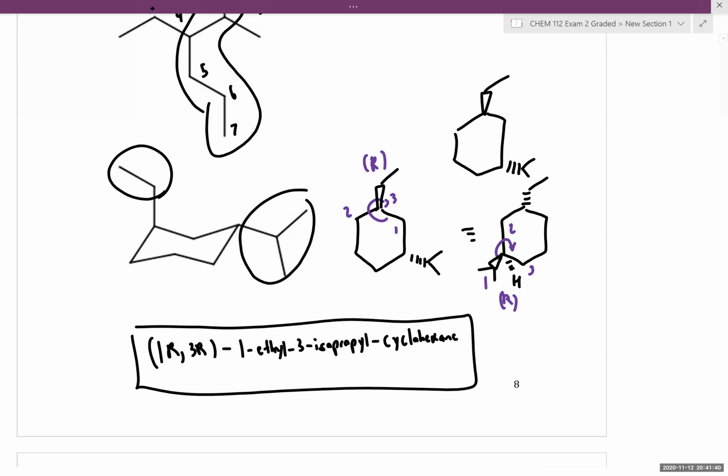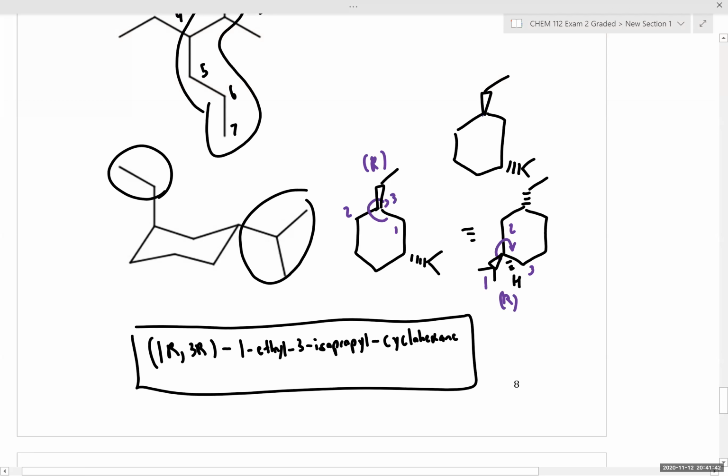Okay, so then assigning our centers, looking at this first center. We have priority 1, 2, and 3. To showcase that, priority 1, so tracing out, we have an even tie.